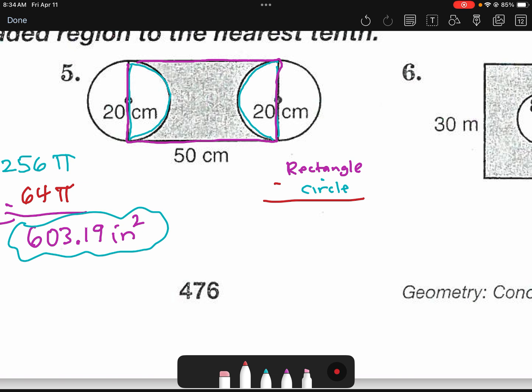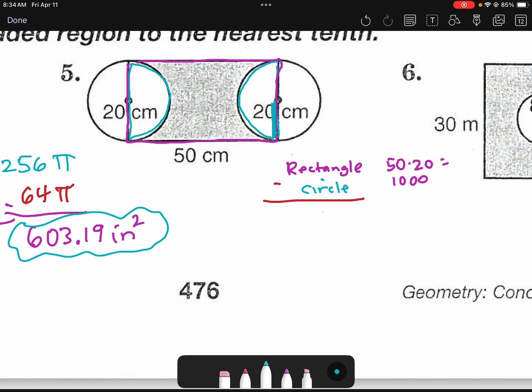Okay, area of our rectangle is just going to be 50 times 20, which is 1,000. Area of the circle, notice how the radius of the circle is 10, right, because the diameter is 20.